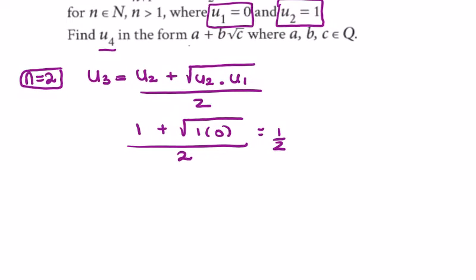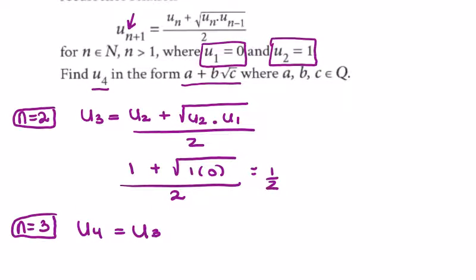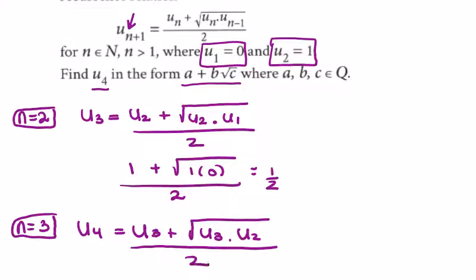u4 now in this form, we need a square root inside it. So if n is equal to 3, we get u4. u4 is equal to un, which is u3, bring it back down, plus the square root of u3 times u2, and it's all divided by 2.